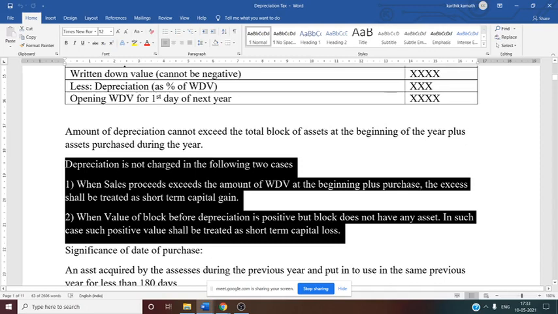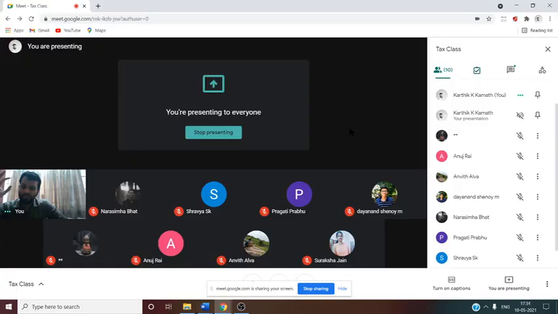That capital gain we treat as a short-term capital gain. Why do we treat it as a short-term capital gain? Because we are calculating the depreciation for one year, every financial year. That is why, usually short-term gain means less than 12 months or less than 3 years. So here we consider this gain as short-term capital gain.